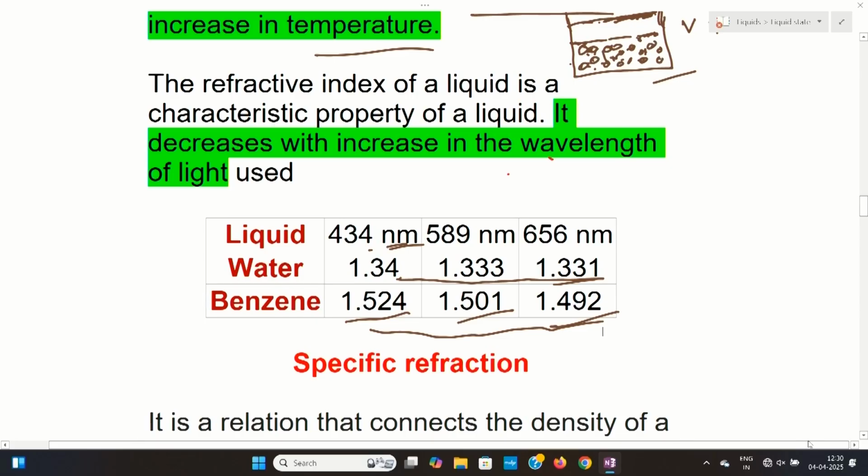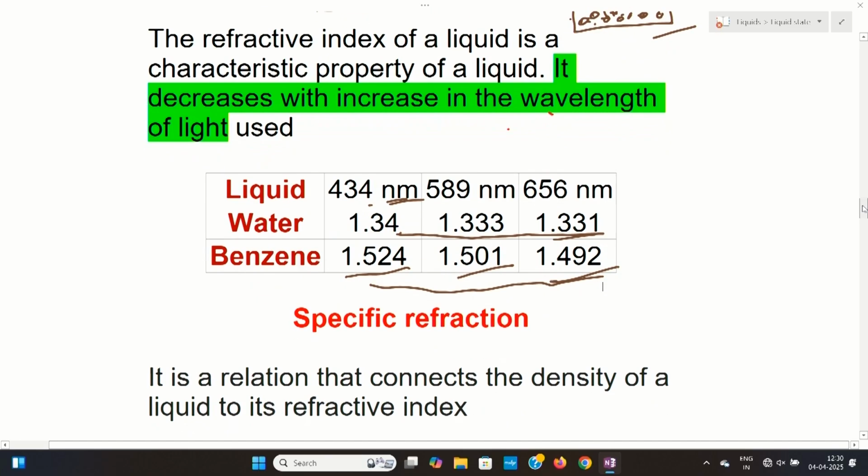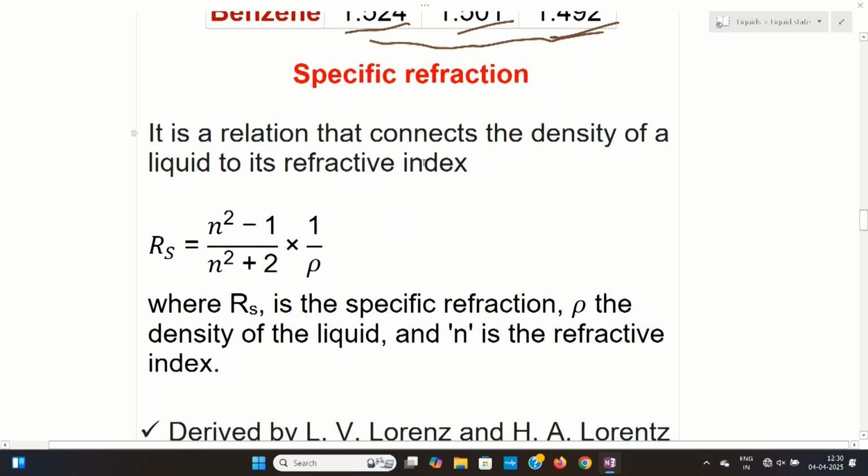Now, let us see another property, that is specific refraction. This specific refraction is a relation that connects the density of a liquid and refractive index, that is n and rho. n is the refractive index and rho is the density of the liquid.